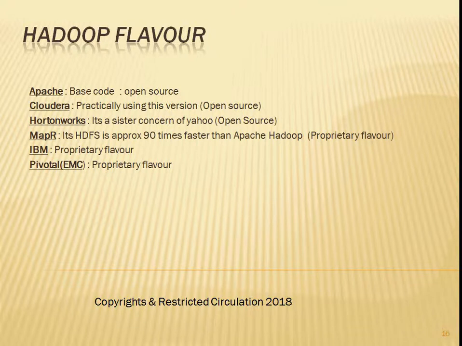MapR has its own HDFS, and its processing is approximately 90 times faster than Apache Hadoop. So you can imagine the processing speed of MapR is very high.